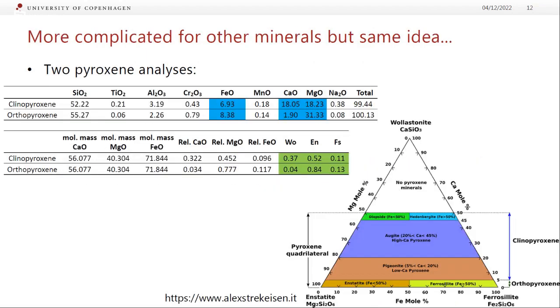Now, it's more complicated for other minerals, but the idea is basically the same. So if we wanted to convert pyroxene analyses into this pyroxene quadrilateral, basically this is nice and simple. The only elements we care about are iron, magnesium, and calcium, because silicon's staying the same.